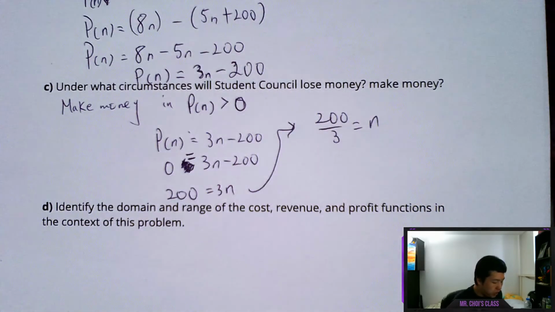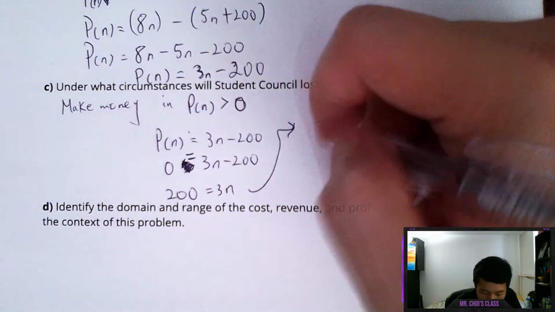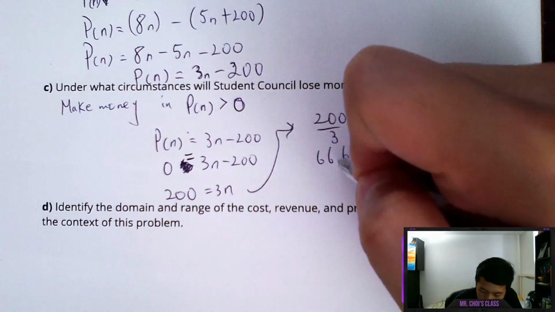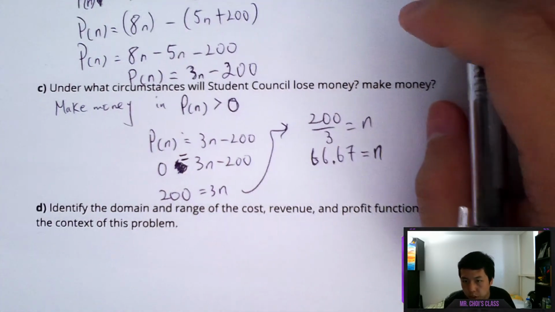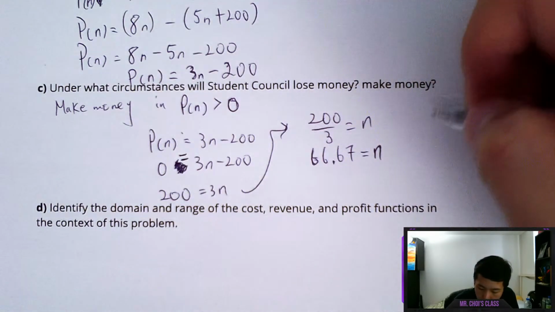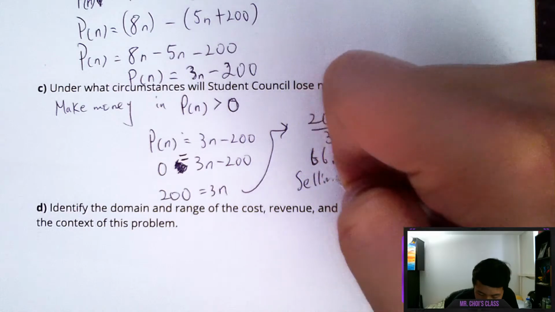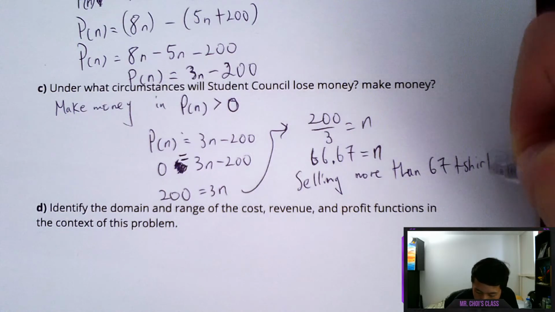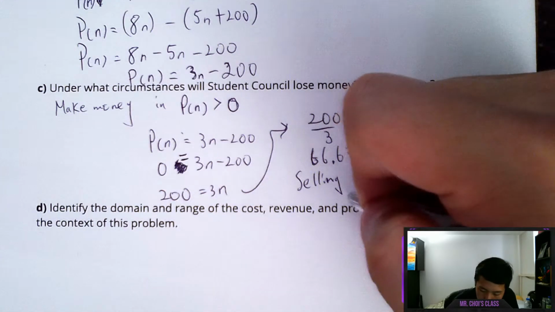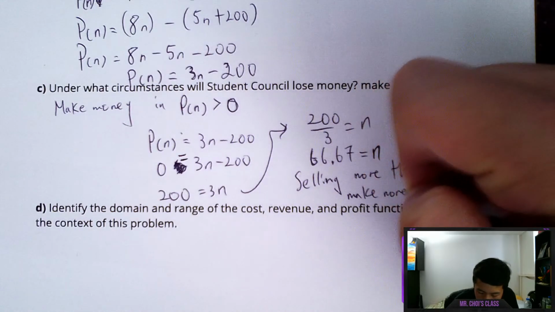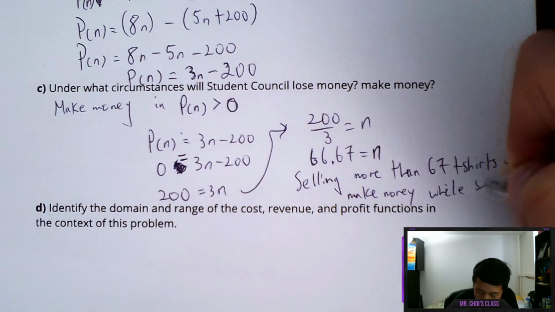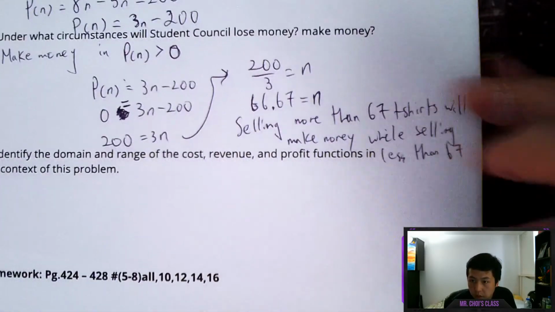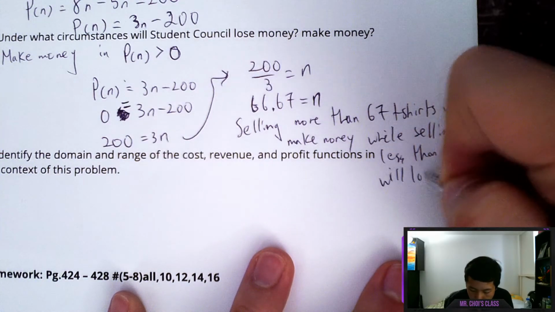So your break even point is 66.67, and we can't really have 66.67 t-shirts, so selling more than 67 t-shirts will make money, while selling less than 67 will lose money.